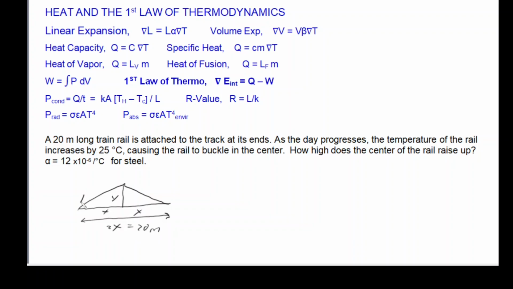And if the rail buckles, then this distance will be x plus delta x. Now, we know from linear expansion that the change in the length is equal to L times alpha times delta T. In this case, we're using x, so for us, the change in x will be equal to x times alpha times the change in temperature.